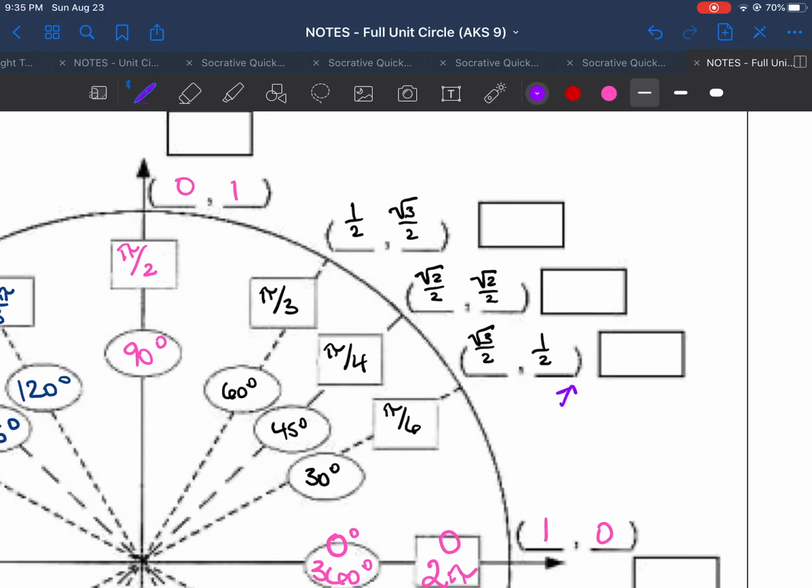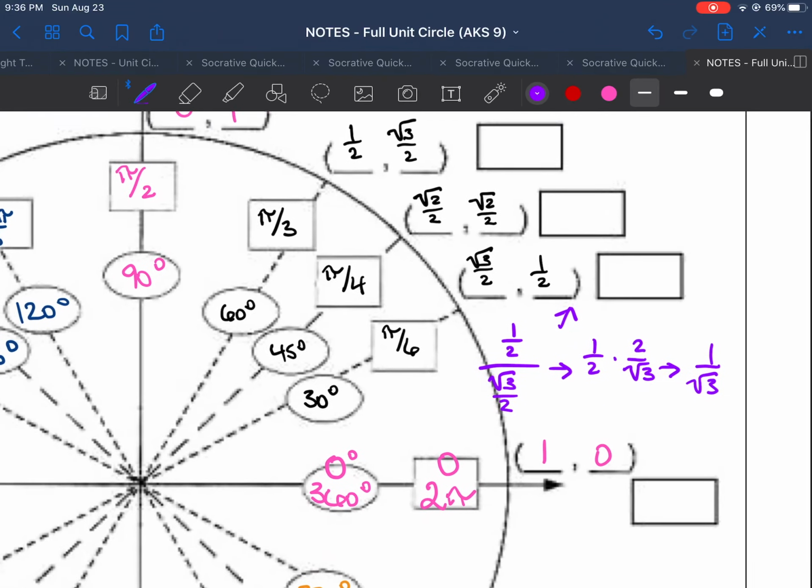Let's say that we did the tangent of 30 degrees first. So we would do the sine, which is 1/2, divided by the cosine of 30 degrees, which is square root of 3 over 2. Well, we have a fraction divided by a fraction, so that'd be 1/2 times 2 over square root of 3. Notice that the 2's will cancel. We get 1 over square root of 3, but we really don't like square roots in the denominator.